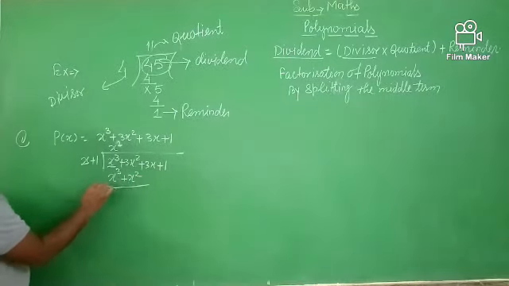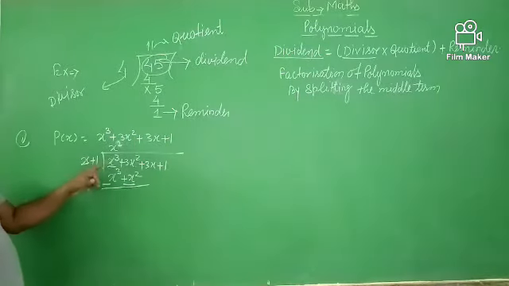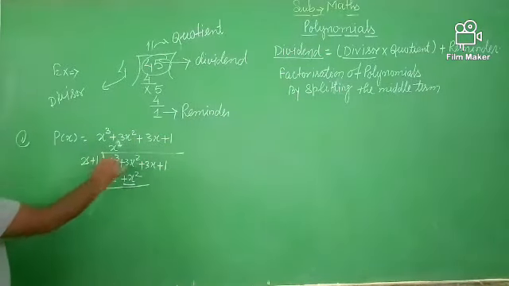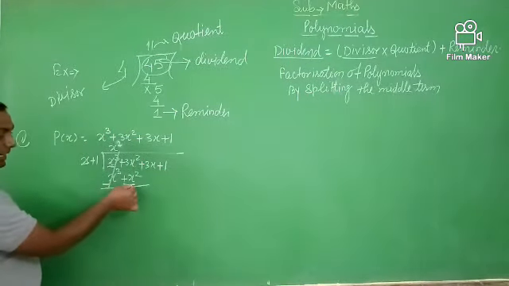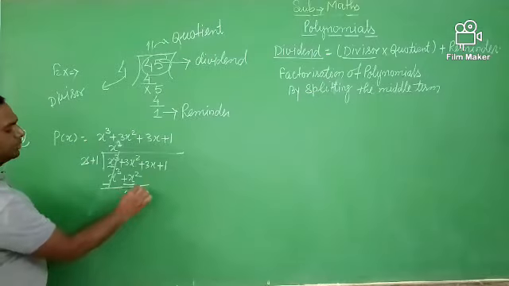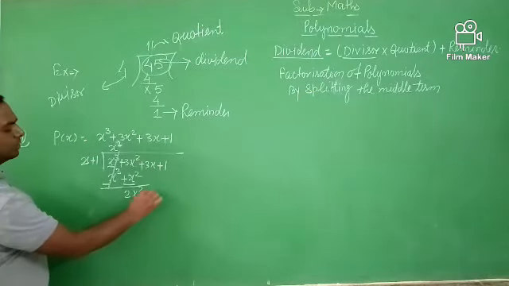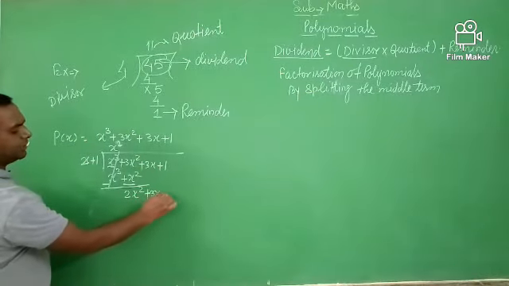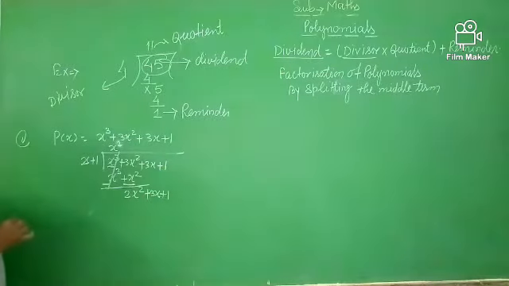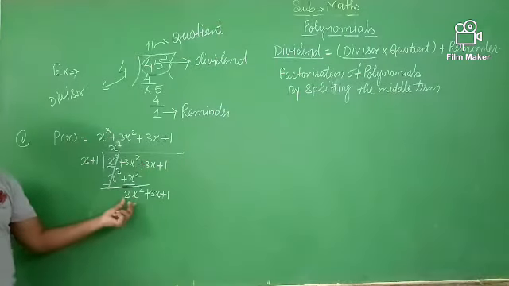After subtraction, the sign will be changed. Here x cube cancels with x cube, 3x square subtracted by x square is equal to 2x square. The other terms are the same, 3x plus 1. Then second step, you can see here is 2x square and here is x. By which number do you multiply x so that it is converted into 2x square?